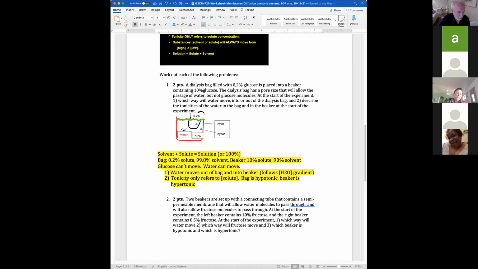As for tonicity, tonicity refers only to the solute. And so if you compare the two solute concentrations, 0.2% and 10%, 0.2 is low compared to 10, so the bag is hypotonic, and that makes the beaker hypertonic by comparison.